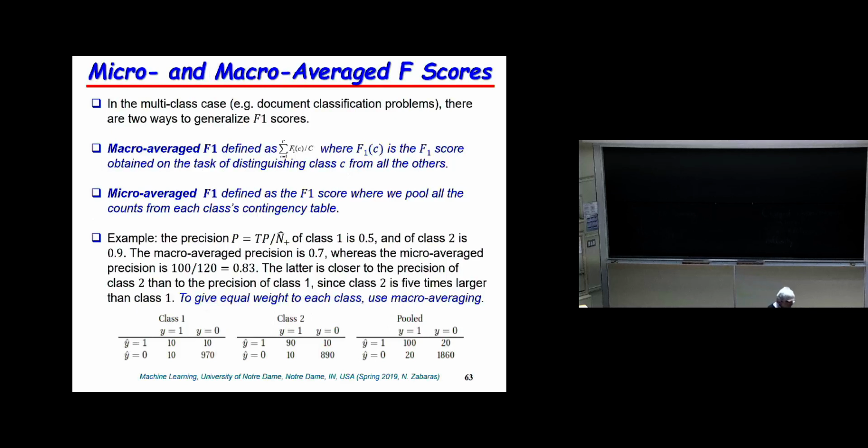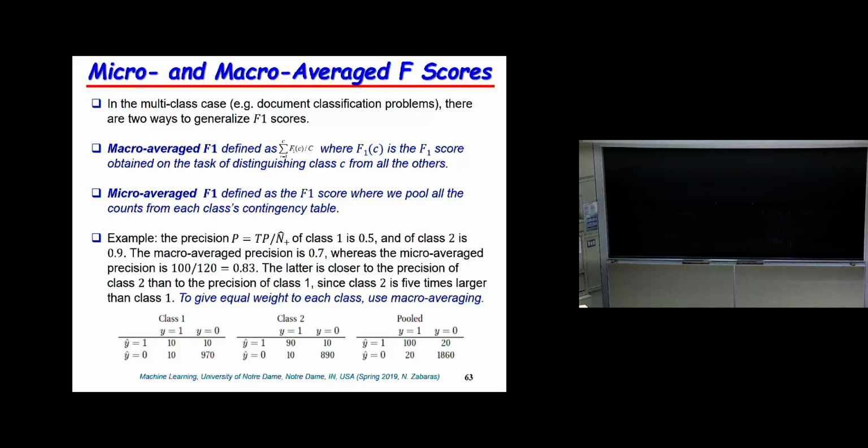If you try to extend these things to multiple classes, you need to rely on what we discussed for 2 classes. There are 2 ways to do this. One is to average the F1 scores for each class individually, so you classify one class versus all the other classes. If you have class 1, class 2, class 3, you basically have to sum over the three classes.